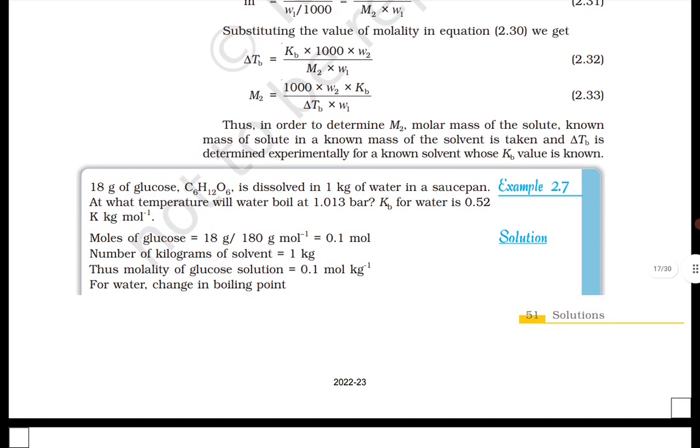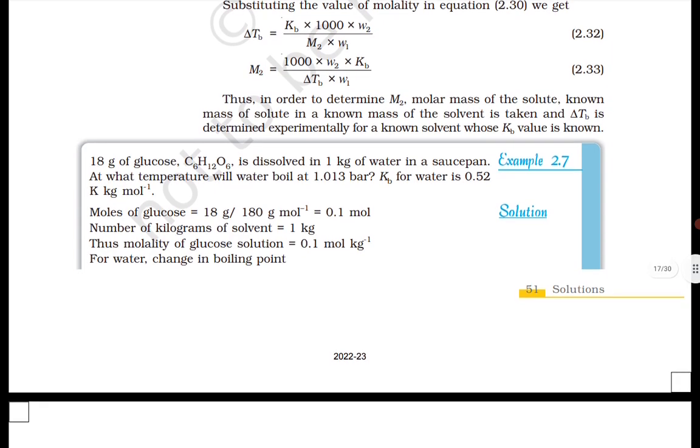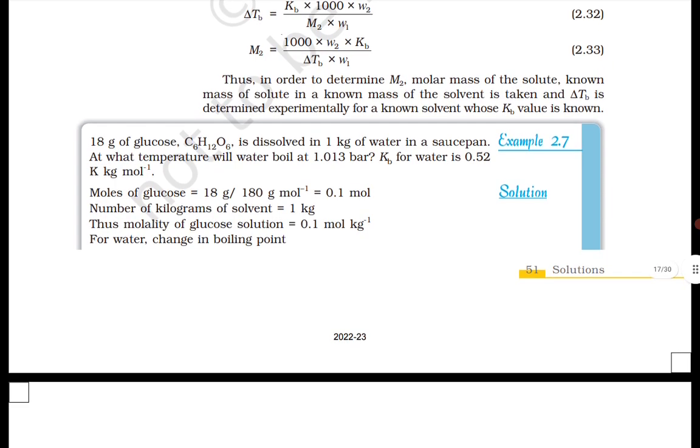Substituting the value of the molality in equation 2.30, we get del Tb equals Kb into 1000 into W2 by M2 into W1, equation 2.32. M2 is equal to 1000 into W2 into Kb by del Tb into W1, equation 2.33.